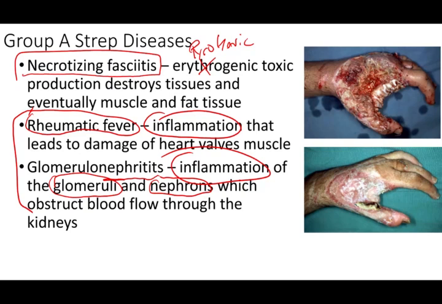It's not. They're different strains. But if you get a cut that has this particular strain of group A strep that has the ability to make this specific toxin and specific enzymes that can digest that deep connective tissue, then you could get what's called in the press flesh-eating streptococcus.